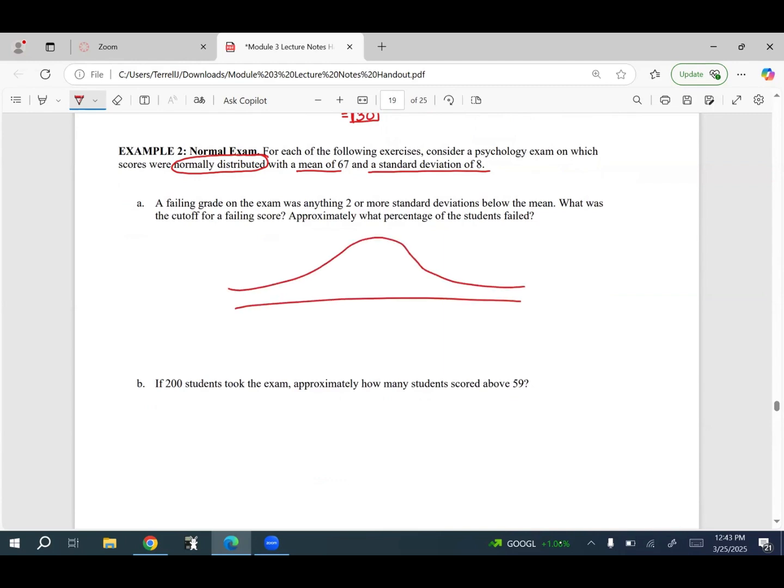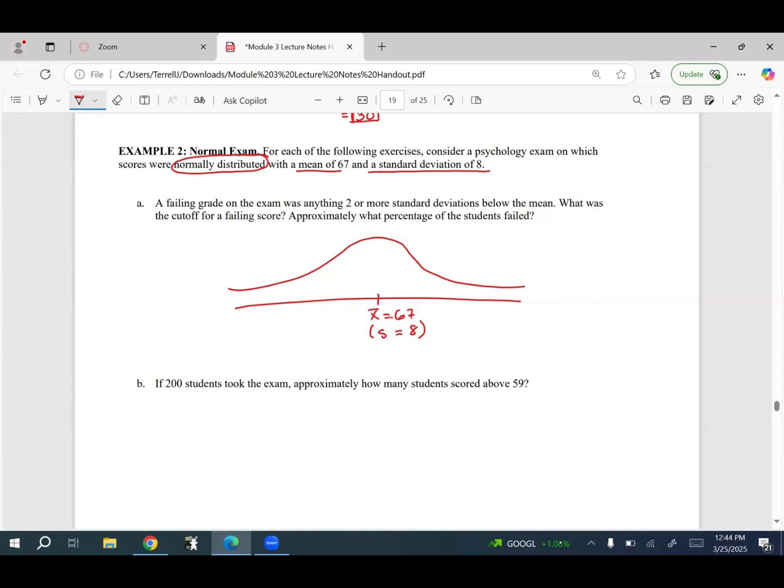Normally distributed, so bell-shaped, with a mean of 67 and a standard deviation of 8. A failing grade on the exam was anything 2 or more standard deviations below the mean. What was the cutoff for a failing score?